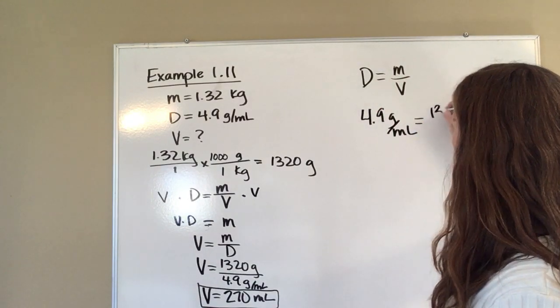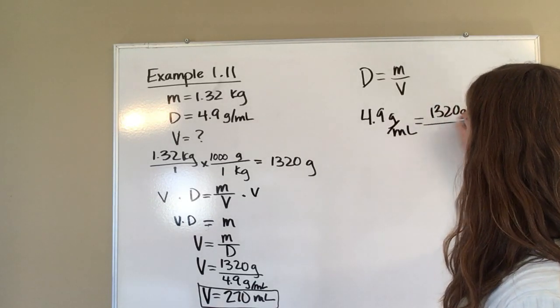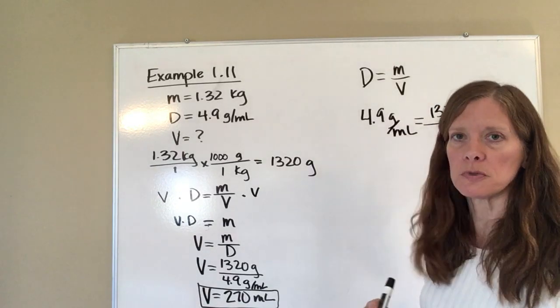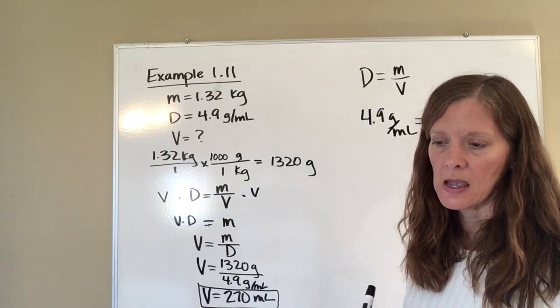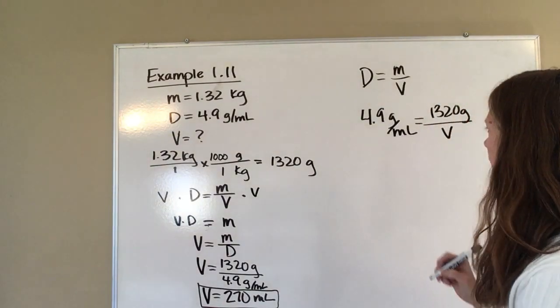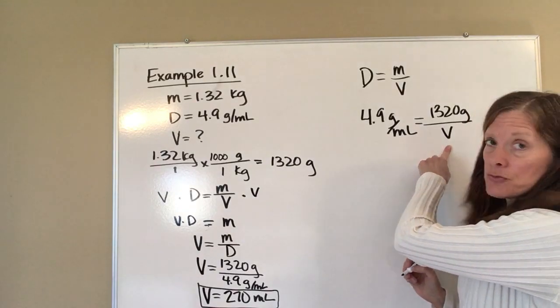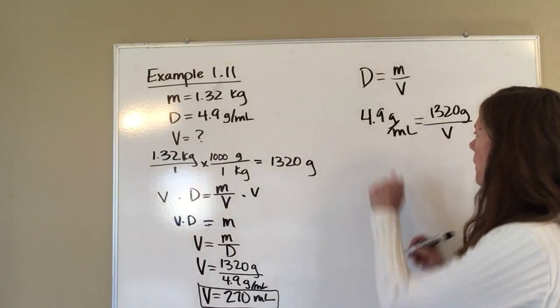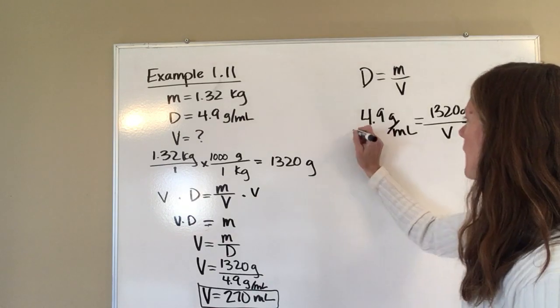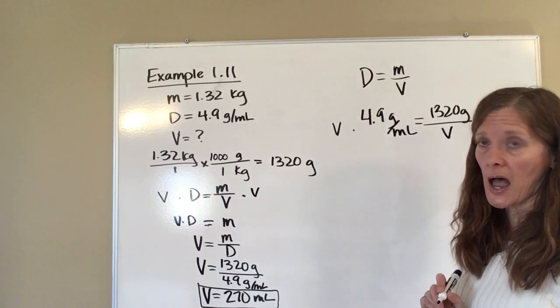The mass is 1,320 grams, and the volume is on the bottom. Okay? Now, in order to solve that, if the variable's on the bottom, it's really hard to solve for it down there, so I'm going to multiply both sides by V and get it on the top.